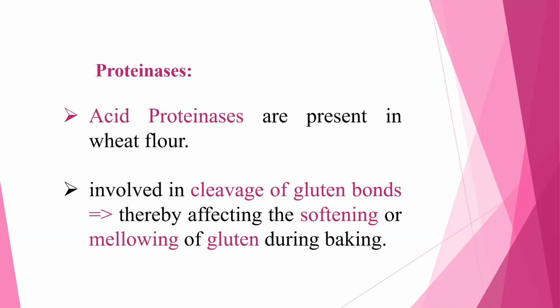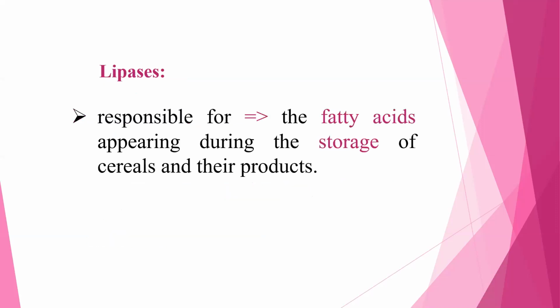Acid proteinases are present in wheat flour, and are involved in cleavage of gluten bond, thereby affecting the softening or mellowing of gluten during baking process. Next comes lipases, which are responsible for the fatty acids appearing during the storage of the cereals and their products.